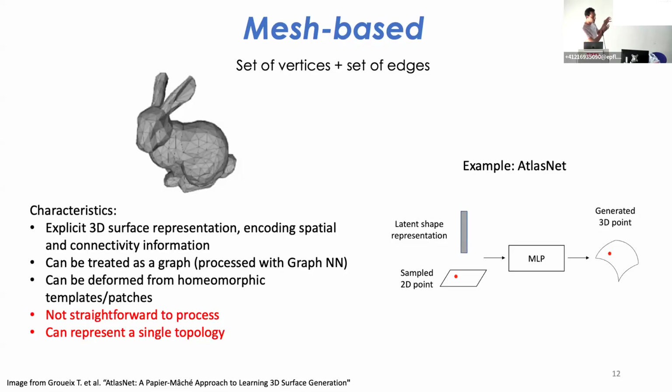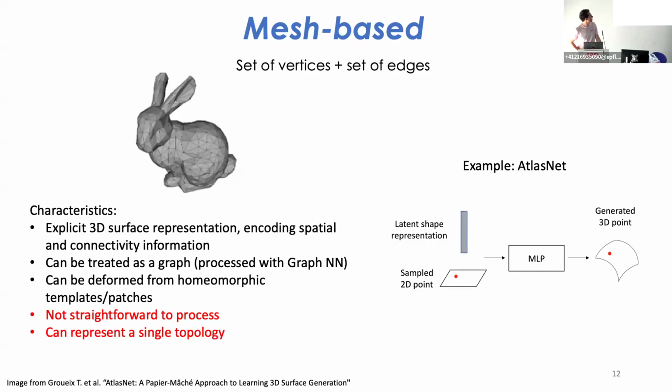You can, for example, inflate the bunny or shrink the bunny, but to modify the shape more, you would need to remove some edges or add some edges, remove some points, add some points. And that's something that is usually difficult to do. Changing the topology of a mesh is usually something difficult to do. You can do it by hand, of course, but having something automatic that handles all of this is usually problematic.